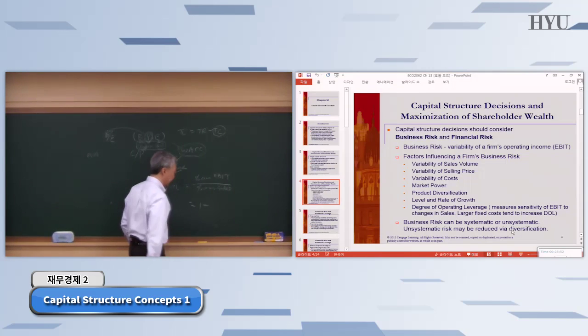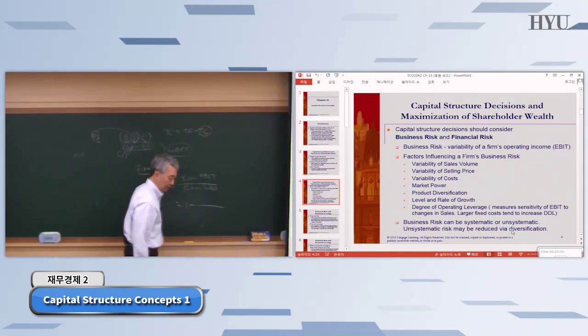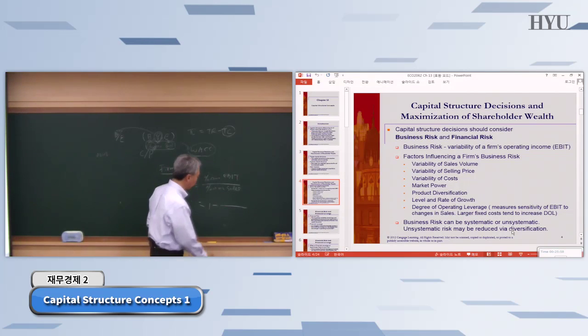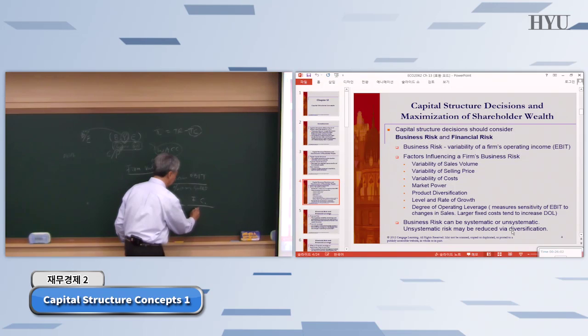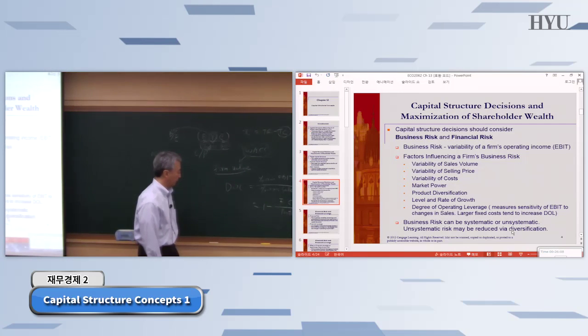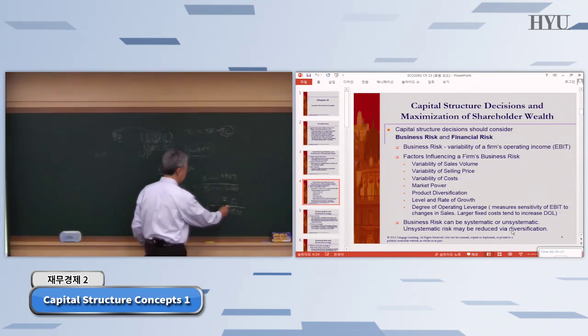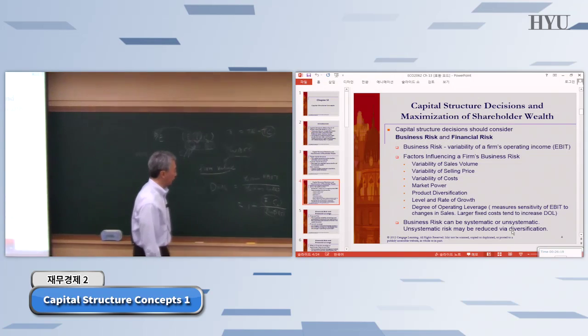this comes out to be 1 minus fixed costs divided by profits. So a business with larger fixed costs compared to the profit will have what?